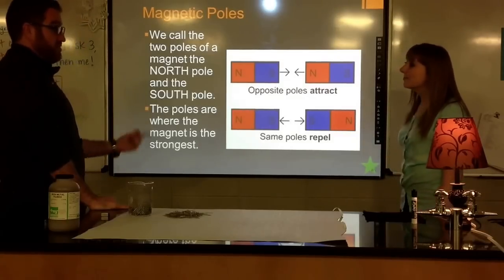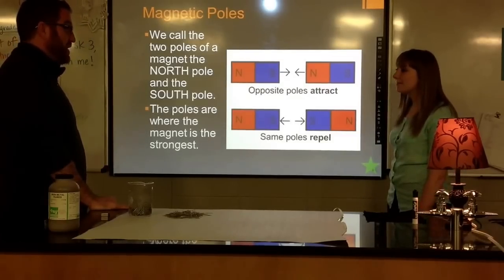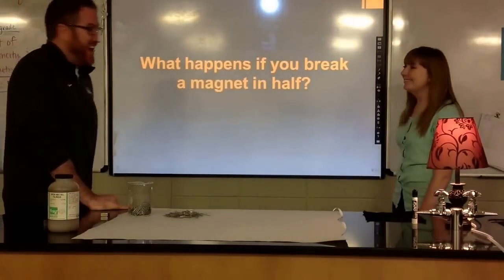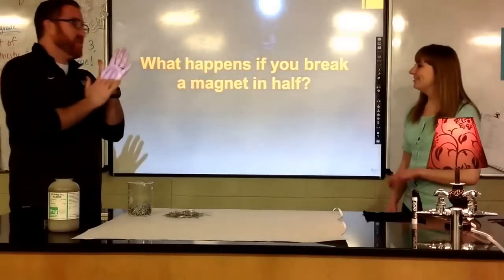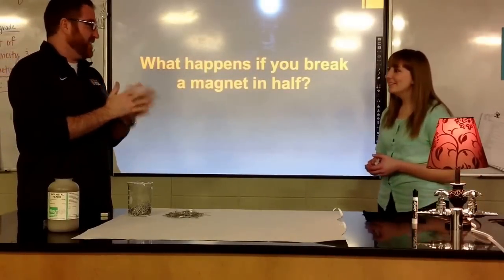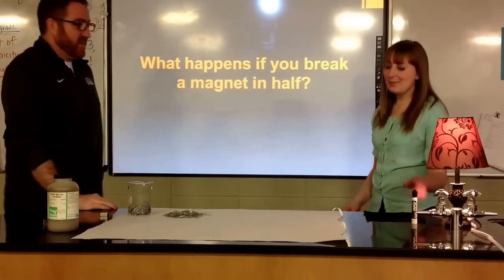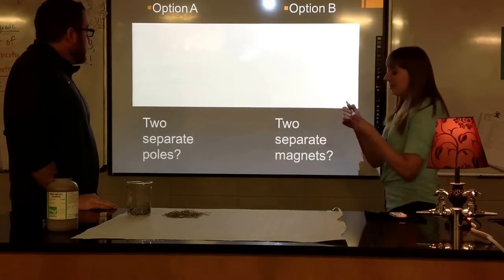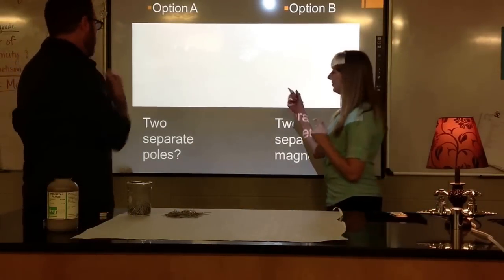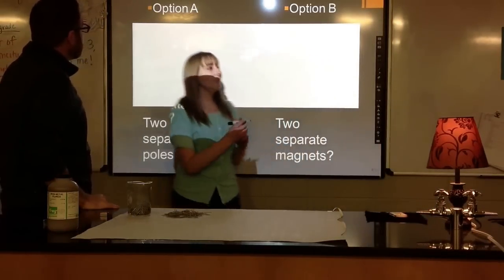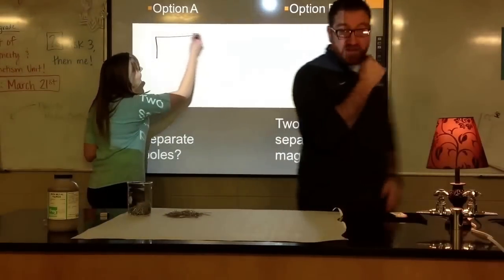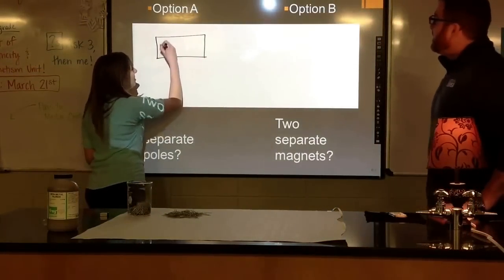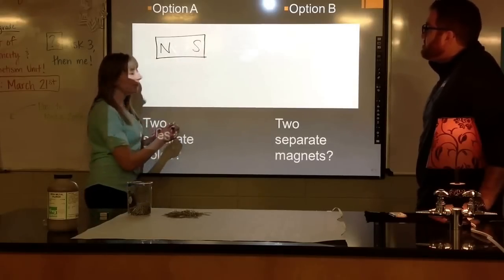So I have a question, which you need to roll to the next slide for me to ask. What happens if you break a magnet in half? Oh, Mr. Reed, that's a great question. I'm going to give you two options to think about here. In option A, here's your magnet, north, south.